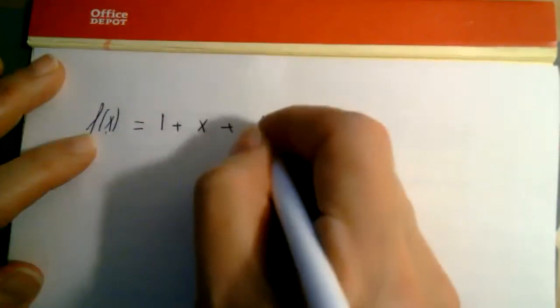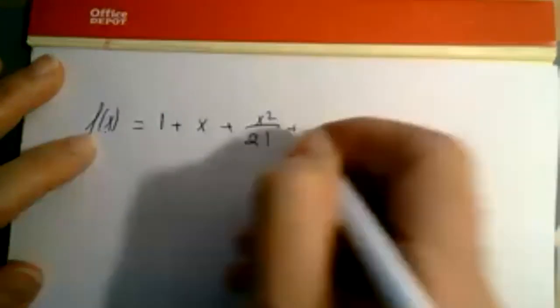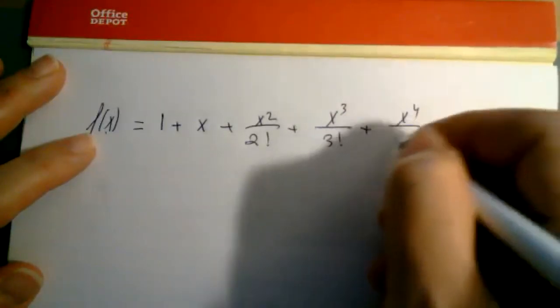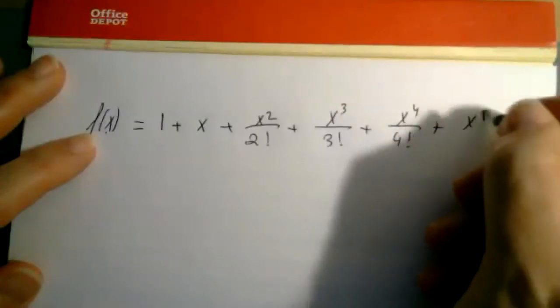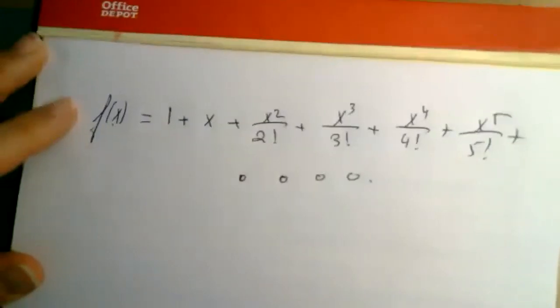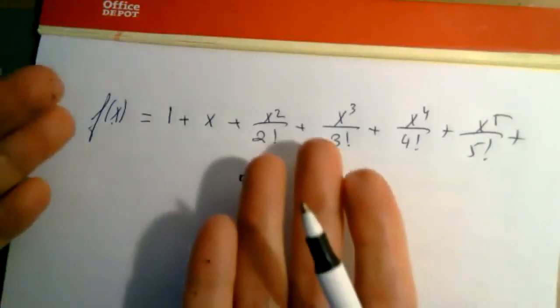It means the output is a power series, instead of the output being like sine x or cosine or tangent. So suppose I tell you that f takes the input x to the following power series, plus so on.